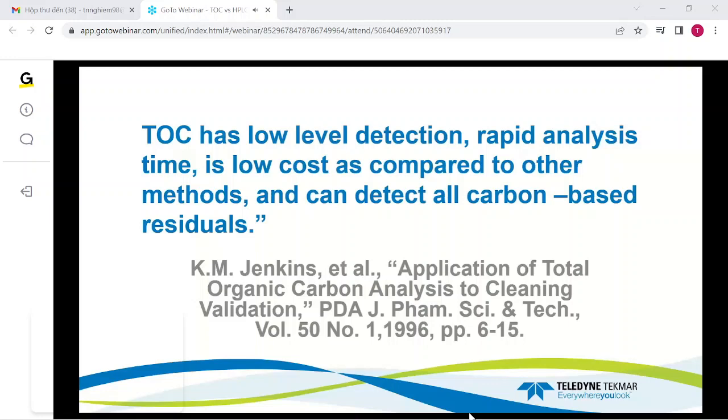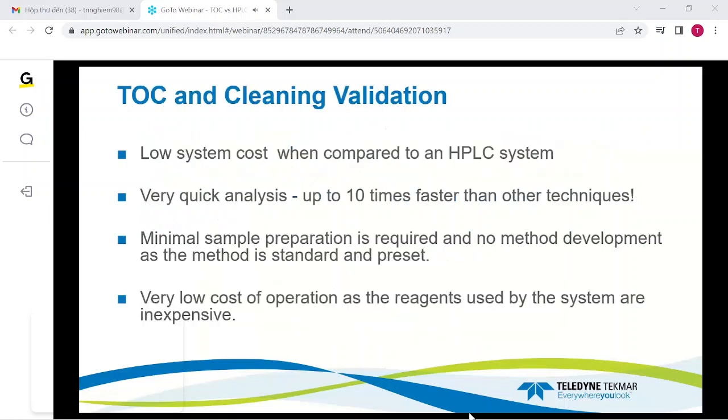So how does TOC really work for us? How does TOC really make a difference in cleaning validation? Well, like I said, it has a low system cost when compared to HPLC. Very quick analysis, up to 10 times faster than other techniques.